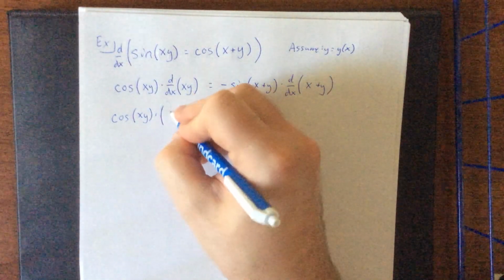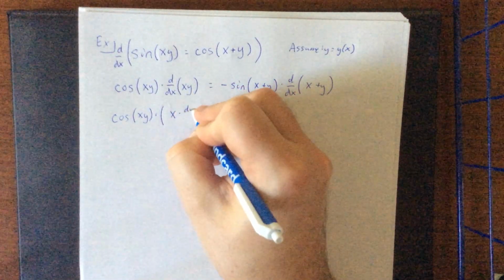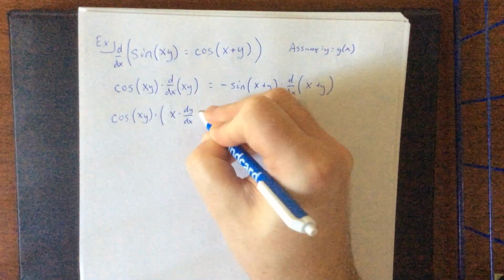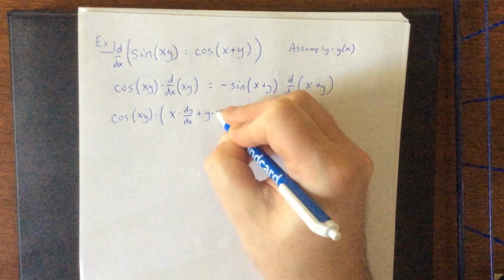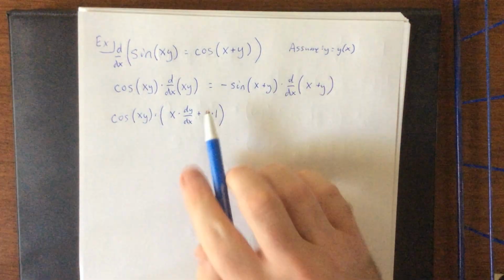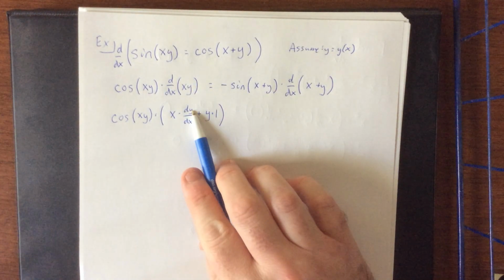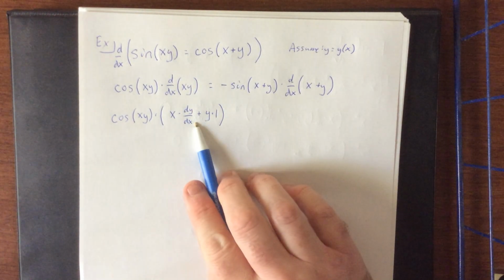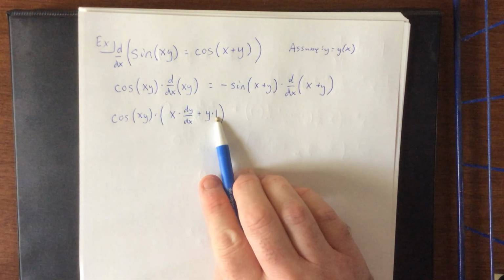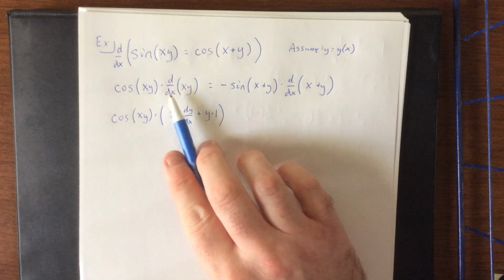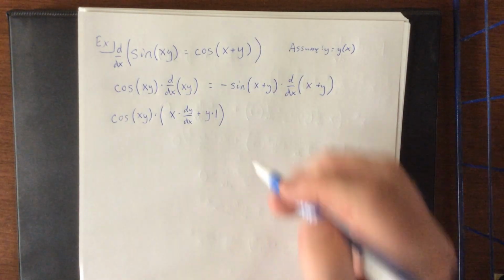So, first times derivative of the second plus the second times the derivative of the first. So derivative of the second was the derivative of y with respect to x, that'll be dy over dx. And the second times derivative of the first, that would be the derivative of x with respect to x, which would simply be 1.